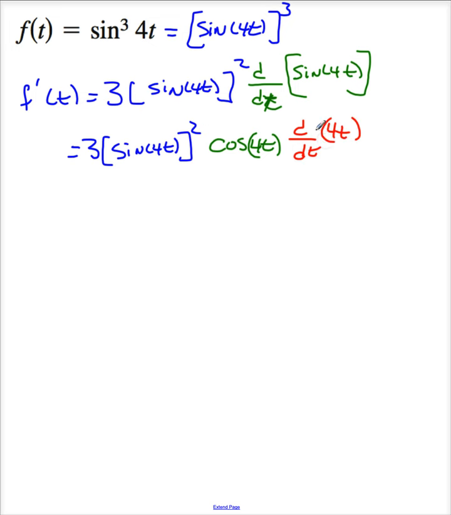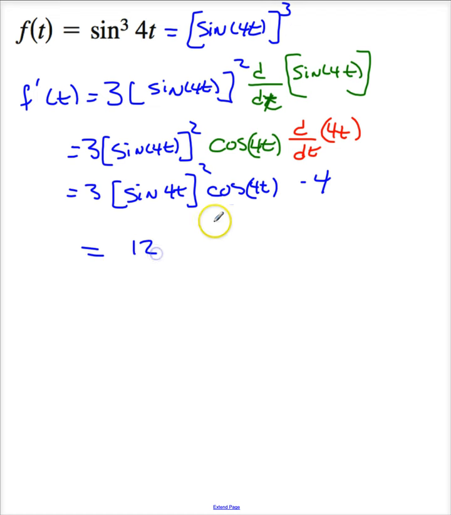So you see, we're having to peel this like an onion, and we just keep writing the terms until we get to the very, very center. So we rewrite this. This is 3 times sine of 4t squared cosine of 4t, and the derivative with respect to t of 4t is 4. So this just becomes 12 cosine 4t, I just prefer writing it this way, sine of 4t squared.